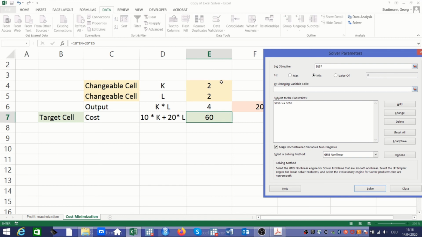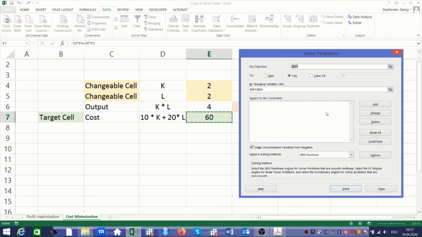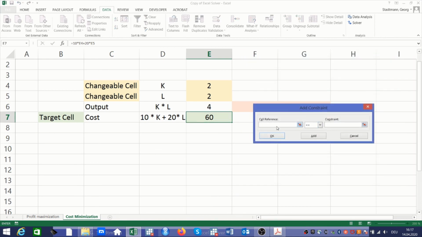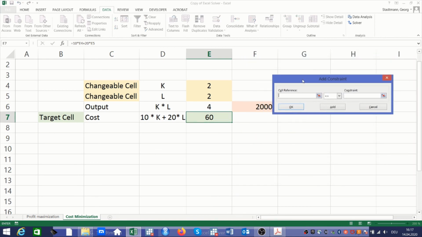Changeable cells are given by E4 and E5. And then we have to set one side constraint, and the side constraint should be that this cell should be larger or equal to 20,000.